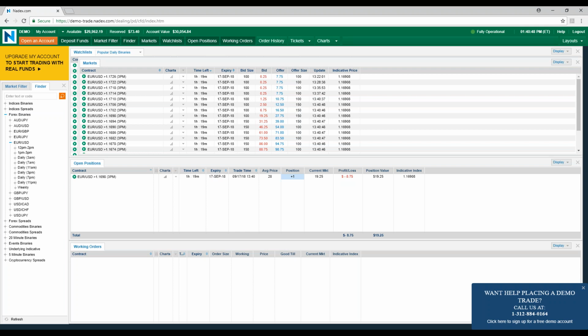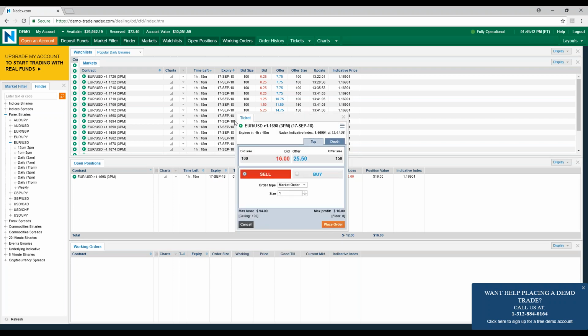Okay, so if all I'm looking to do for this particular strategy is double my money, then what do I need to do? Well, if I bought a contract, the way I get out of it is to what? Sell a contract, right? So since I bought it, if I just click it, Nadex will automatically open a ticket already marked what?